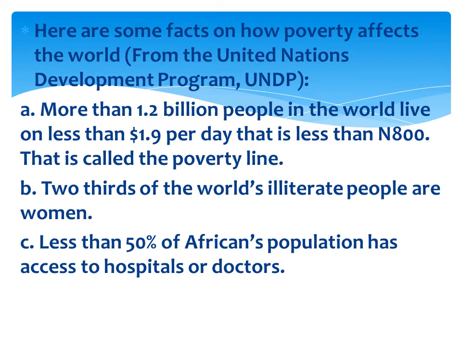It says more than 1.2 billion people in the world live on less than $1.5 per day. That is less than 800 naira. That is called the poverty line. Poverty line is the minimum amount of money a person can survive on in a day.